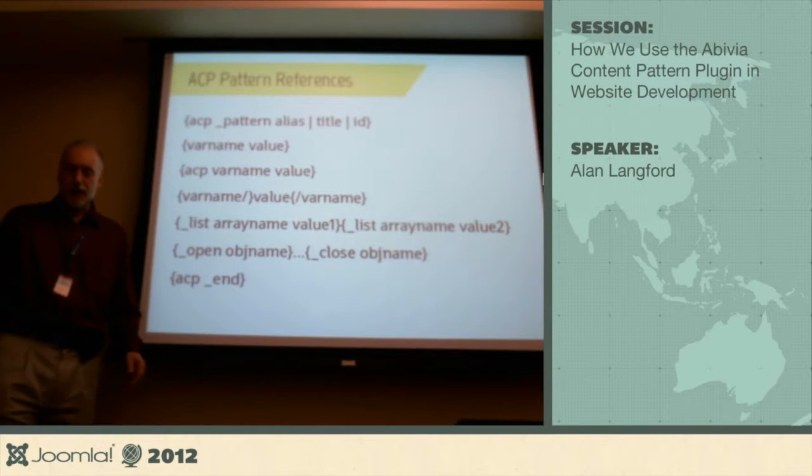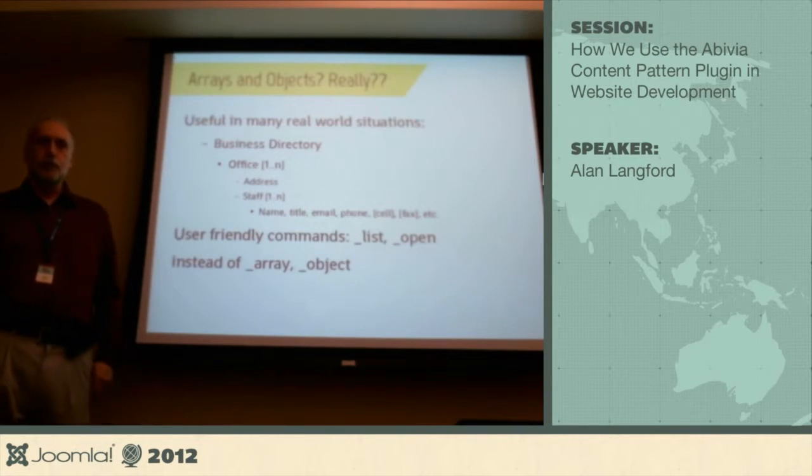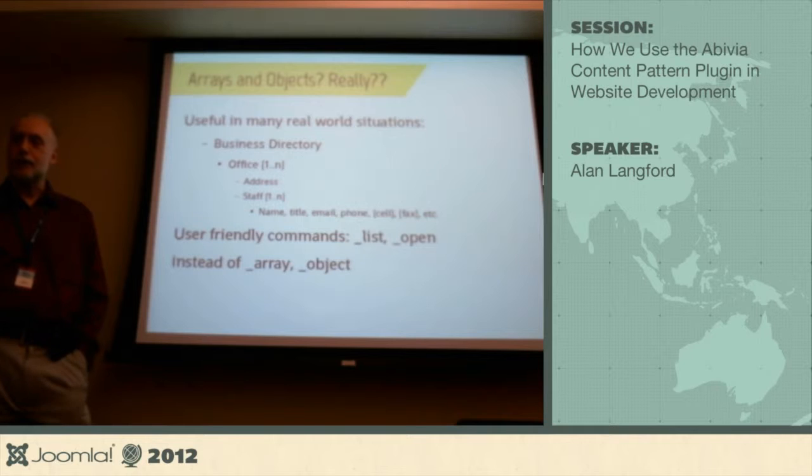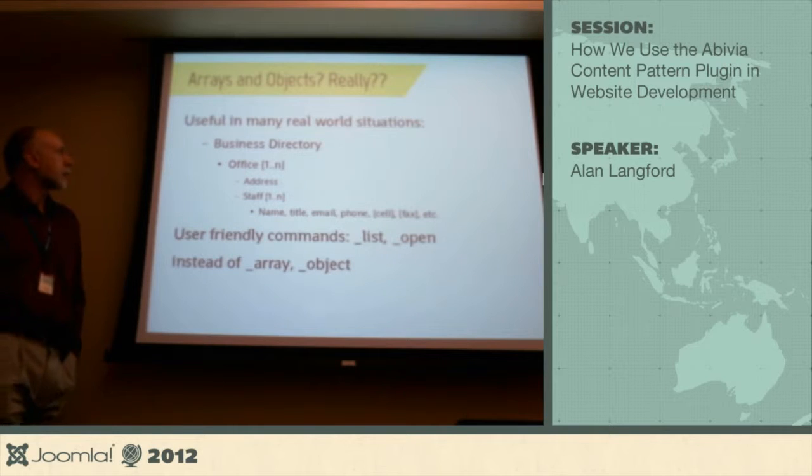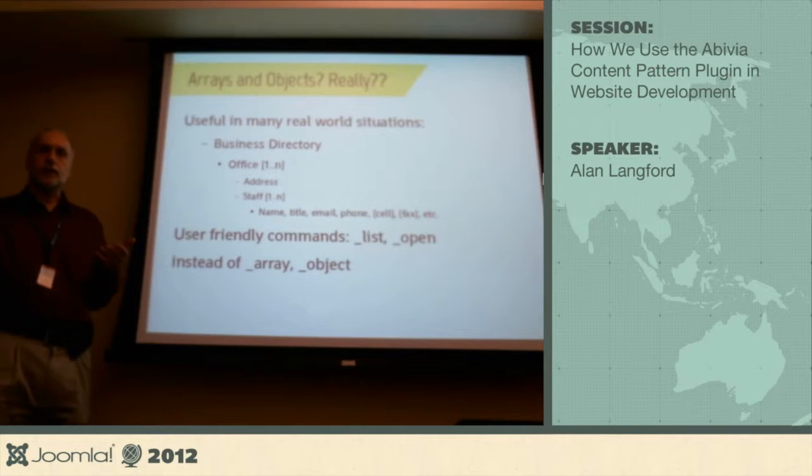And then we have lists and an open close, which basically creates an object structure. Probably you're saying arrays and objects. Really? This has turned out to be incredibly powerful. The example that I'll show is a business directory for a company where you have 1 or more offices.